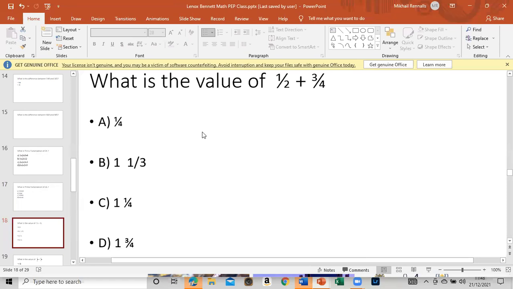So what is the value of a half plus 3/4? Is it B, 1 1/3? All right, we're taking our answers and then we discuss it. Any other answer? I hear you guys working. All right, work it out.